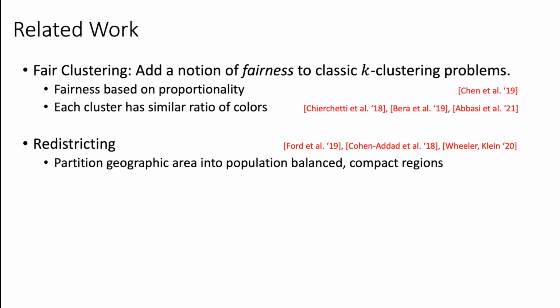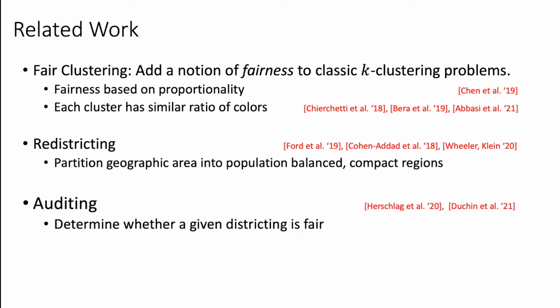And then there is work in redistricting, where you want to simply partition a geographic area into population balanced compact regions without considering the colors of the points. So you just want to construct K compact regions which are population balanced. And that itself is a challenging problem because it's NP hard. And so there have been various heuristics and approximation algorithms for that problem.